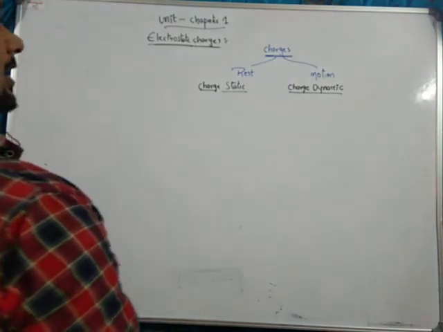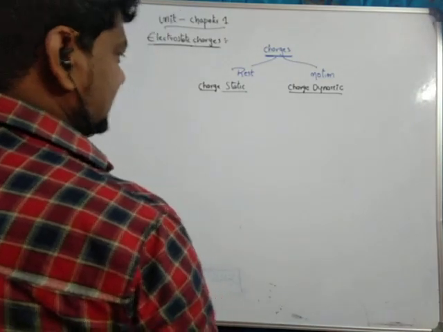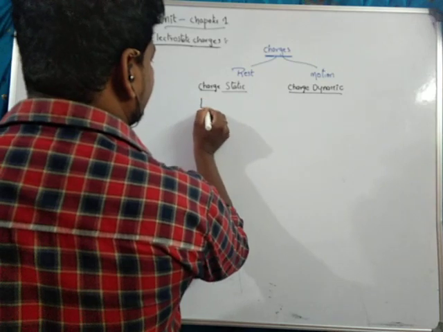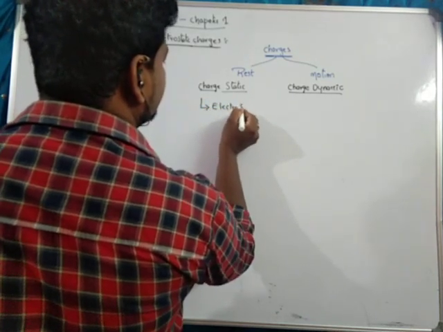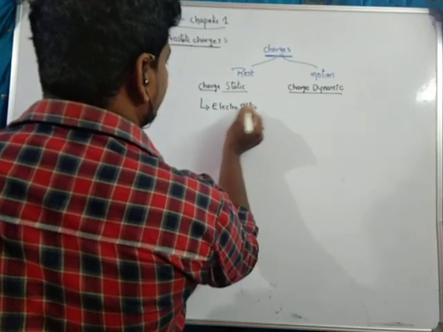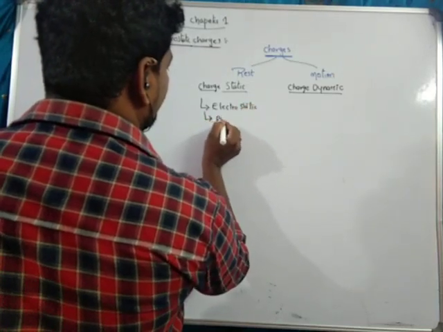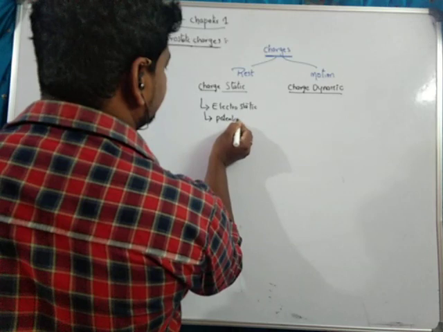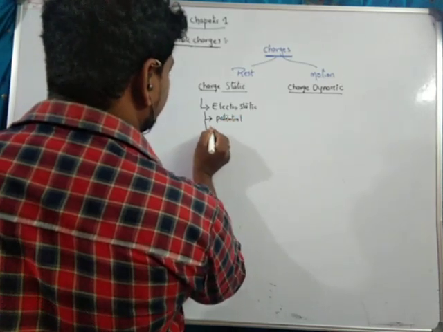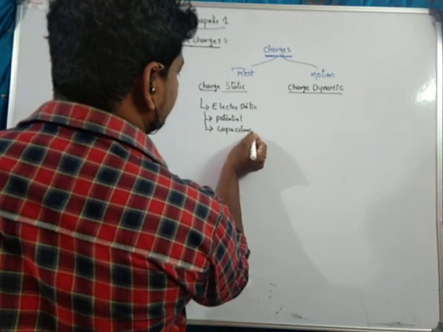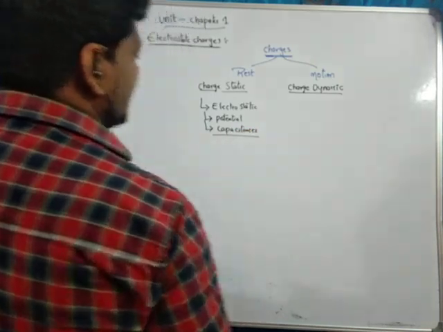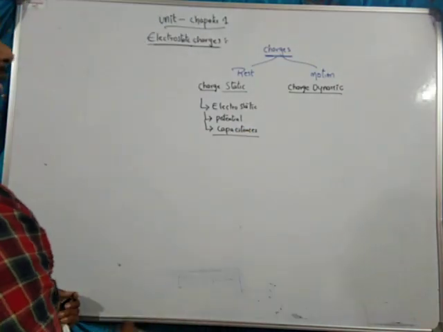If you consider the charge in rest, that's static, in that we will cover the concepts like electrostatic potential and capacitance. So these are the chapters, these are the topics.